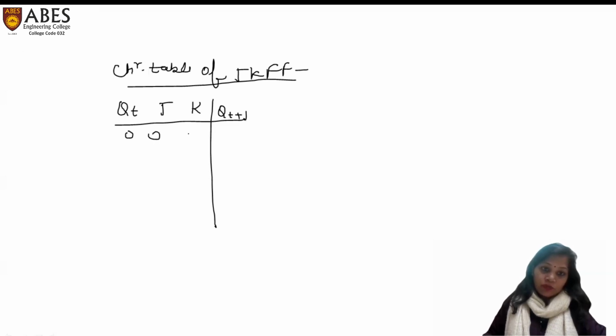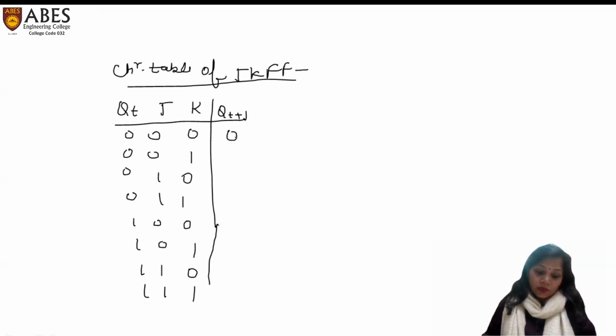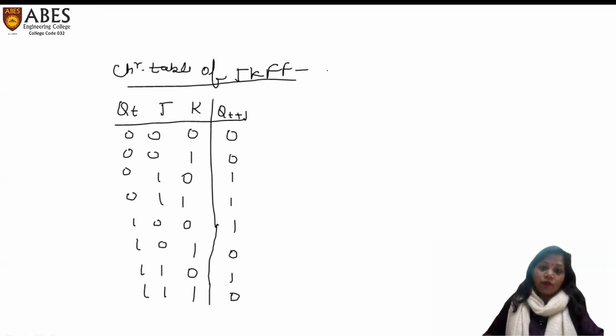We have three inputs, so the total combinations are 000, 001, 010, 011, 100, 101, 110, and 111. Outputs Qt plus 1 for these inputs are 0, 0, 1, 1, 1, 0, 1, and 0. So this is the characteristic table of JK flip-flop.